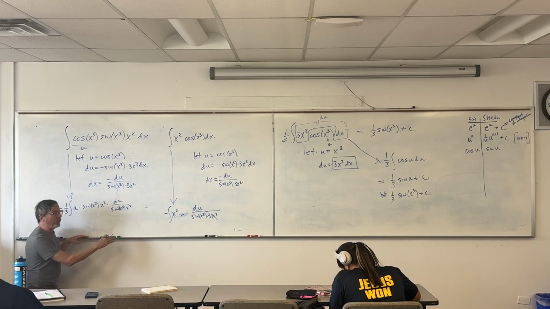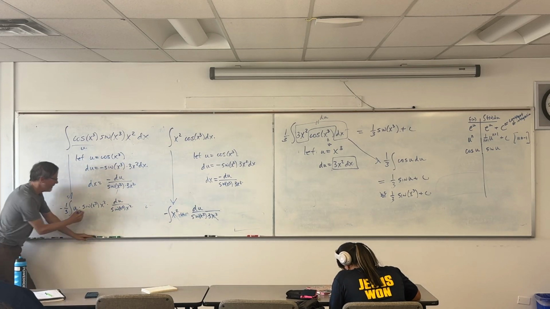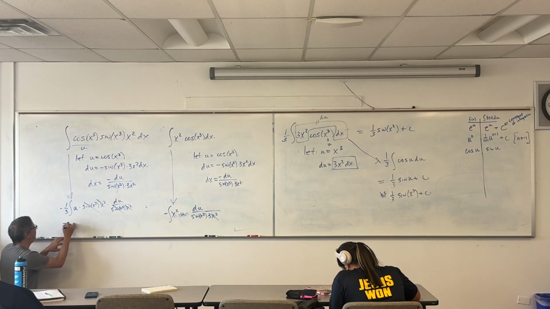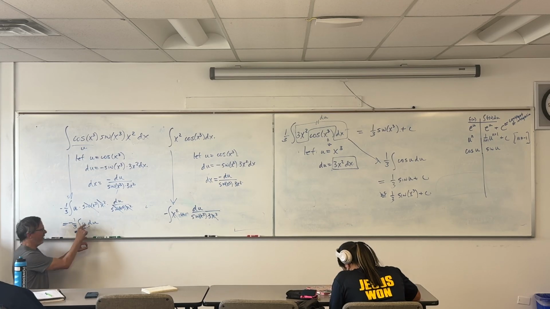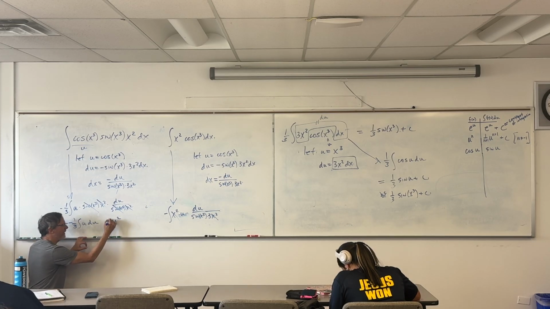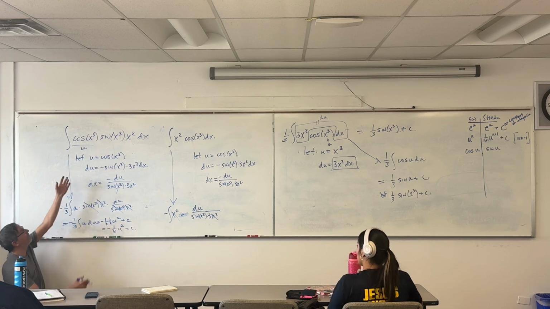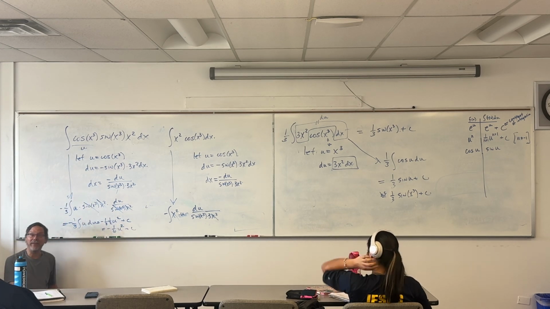Now life looks pretty good, because both of those cancel off and all you have left is du. I'm left with negative 1/3 integral u du. That's power rule: u goes to u squared, a 1/2 comes out in front, and I already had a negative 1/3, plus c. Negative 1/6 u squared plus c. Then back substitute.